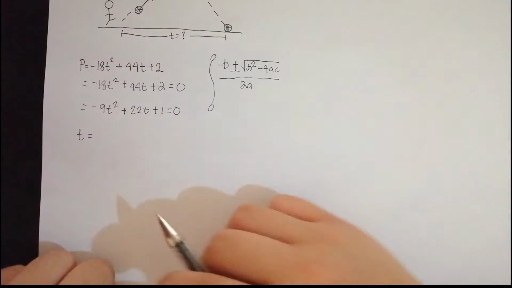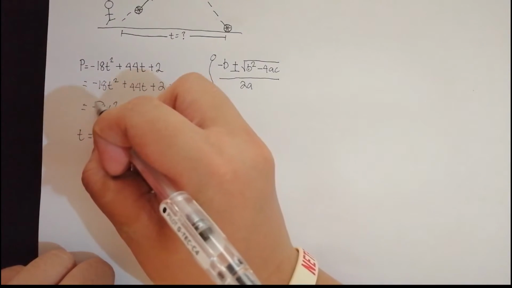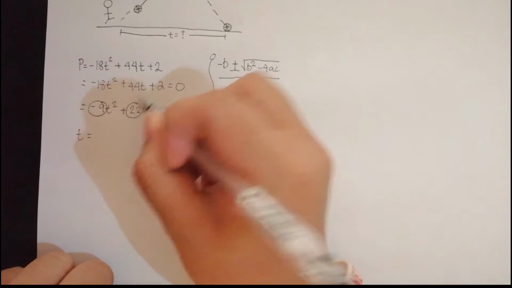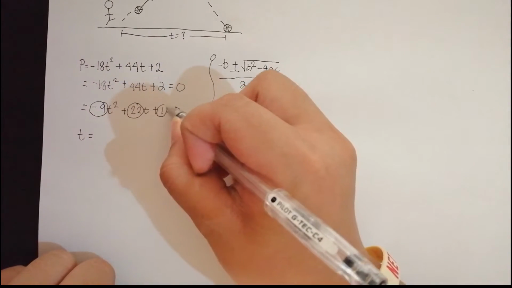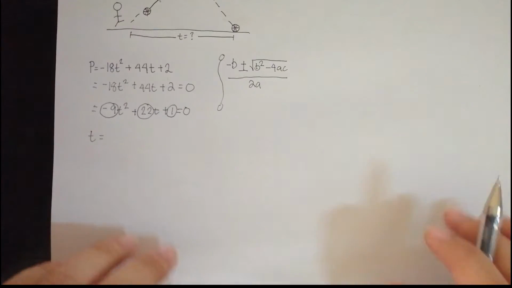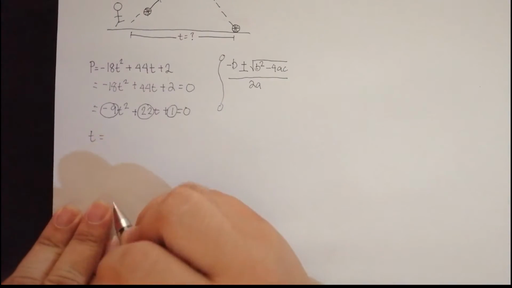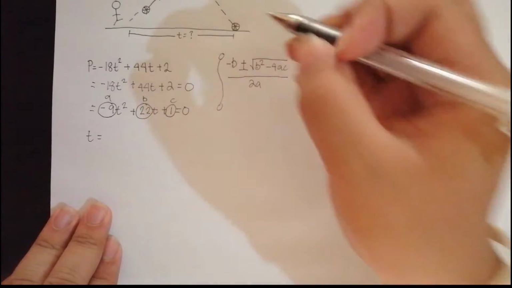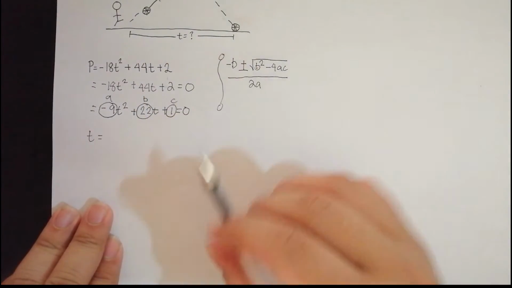Now we all know that negative 9 will be our a, 22 will be our b, and 1 will be our c. So here we now substitute these values a, b, c into the formula.